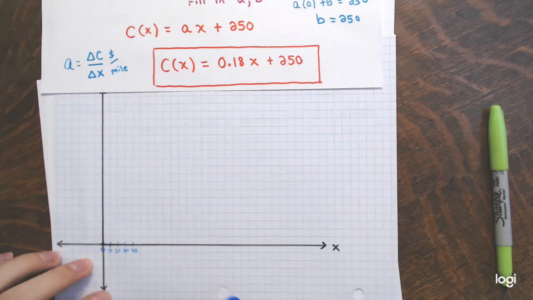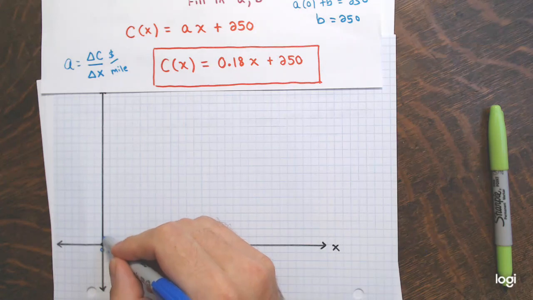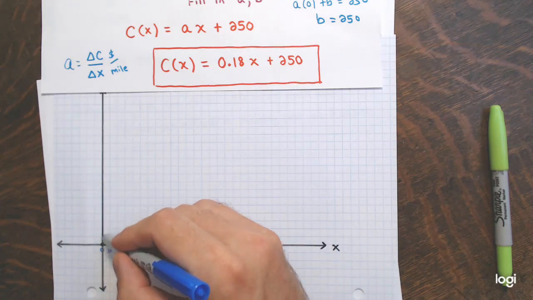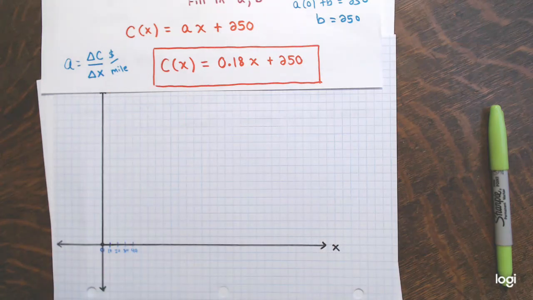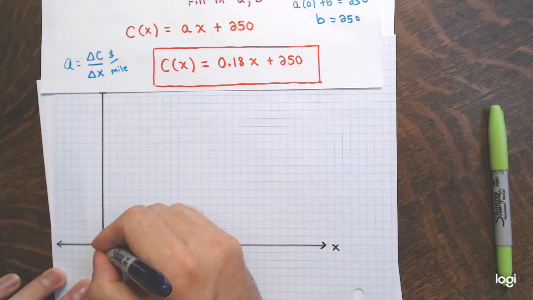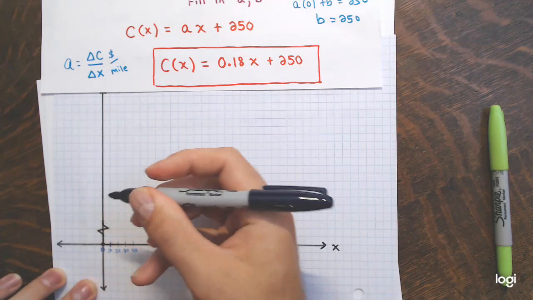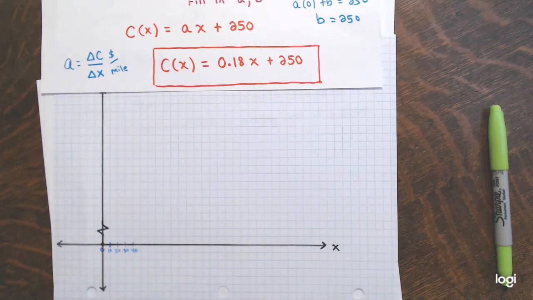Right, and so if I have each square be $2, to get to 250 for when there's 0 miles driven, that'd take a while. So just like in the last example, I'm going to have this little zigzaggy thing to indicate again that we're making a big jump.